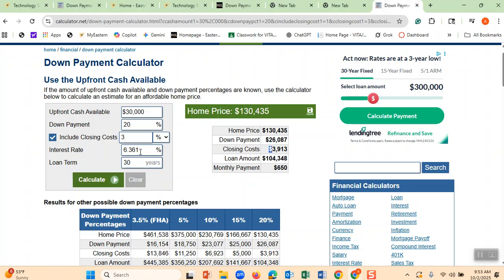And of course, if this changes also, then the whole scenario will change in here. I want you to do your calculation, put in a number, and when you put it on the discussion board, write it and say, I have $30,000, I want to buy a house, and my down payment is 20%. The maximum price of the house I can buy is 130, and your monthly payment would be 650.